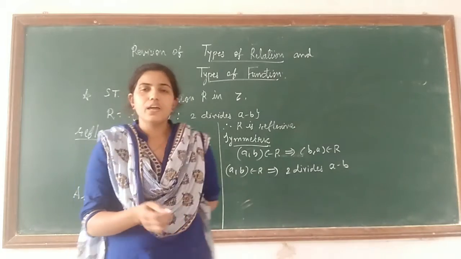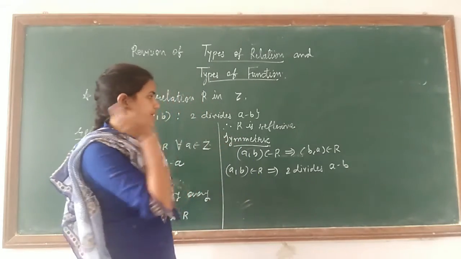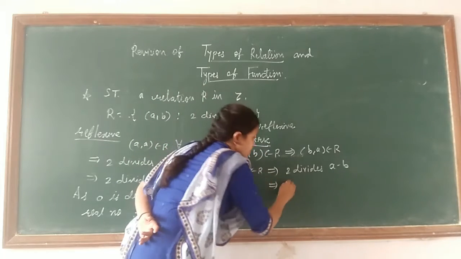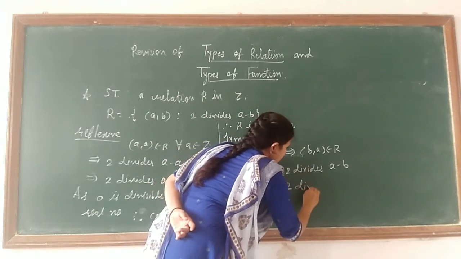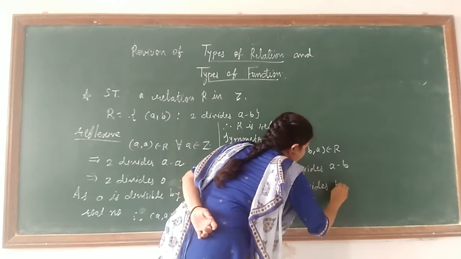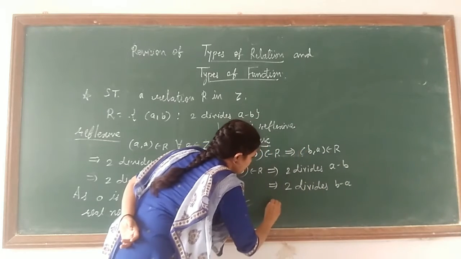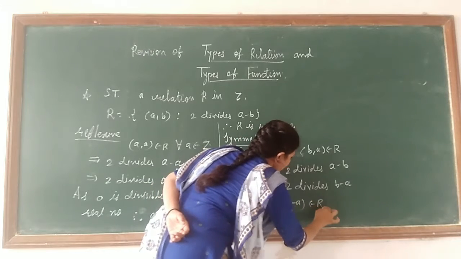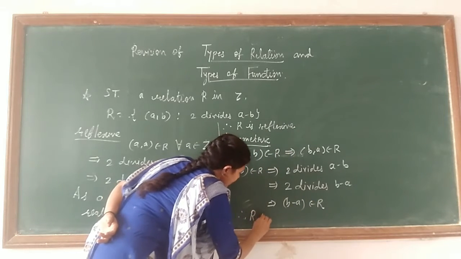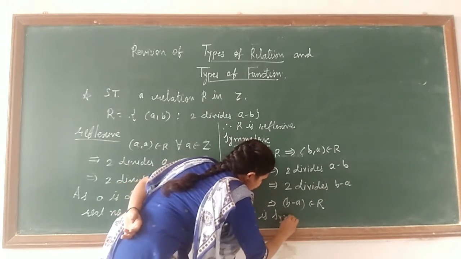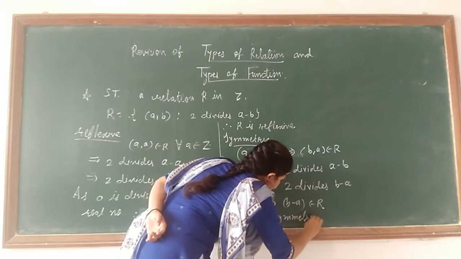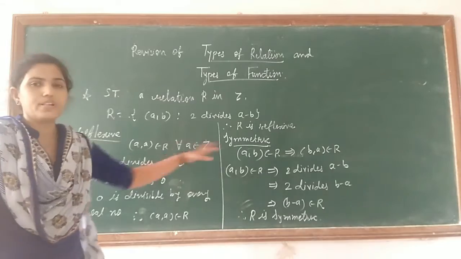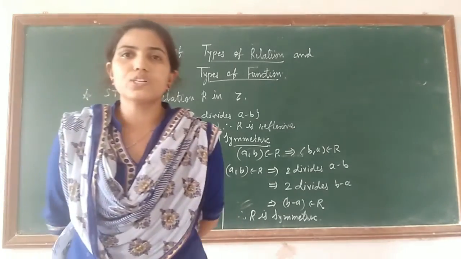Now if a minus b is divisible by 2, then obviously b minus a is also divisible by 2. That means 2 divides b minus a. So this gives us that (b, a) belongs to R, and therefore R is symmetric.